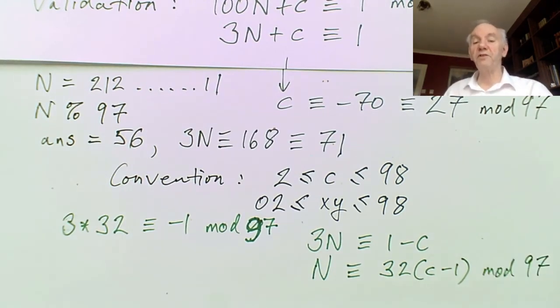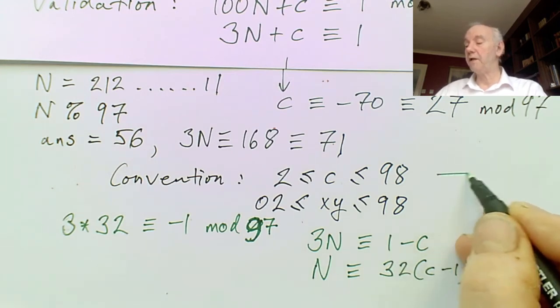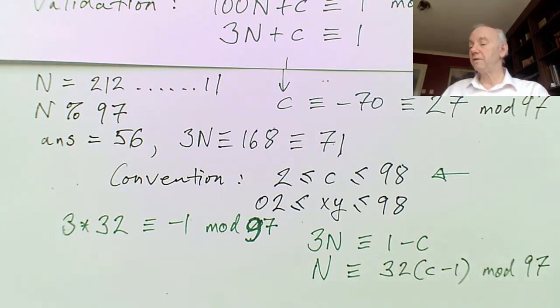And that shows that in fact any check digit in this range, which I've said here, can correspond to a possible value of n. That's the point where we've used the fact that 97 is prime.